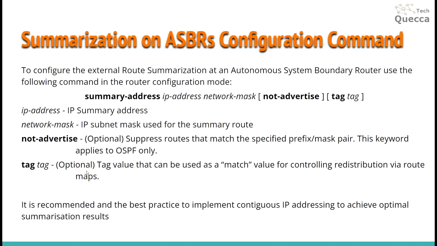So this is an optional keyword, and I'm not going to show it in the example. It is recommended and the best practice to implement contiguous IP addressing to achieve optimal summarization results. And we will see also this configuration in our example.